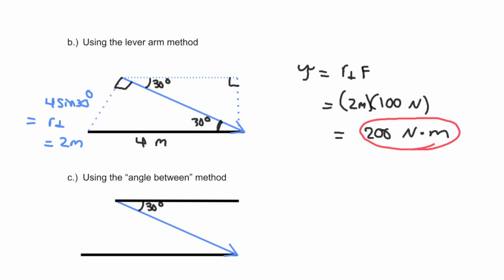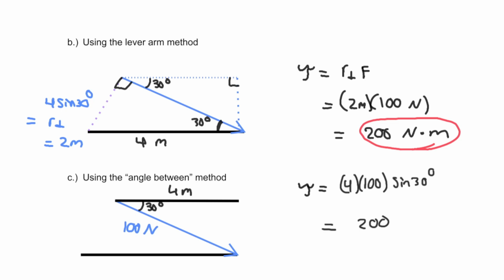So if this is 4 meters and the force is 100 newtons and there's a 30-degree angle between them, the torque is just going to be 4 times 100 times sine 30 degrees, which is equal to 200 Newton meters for the last time.